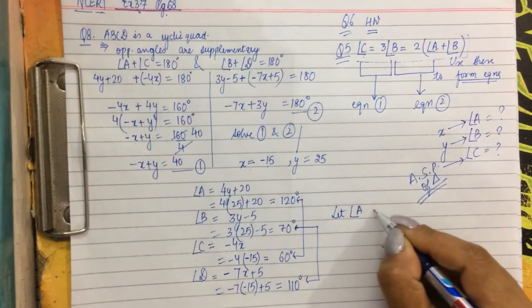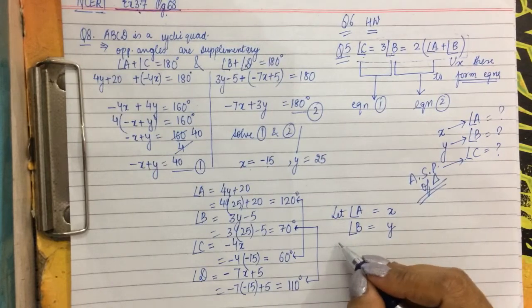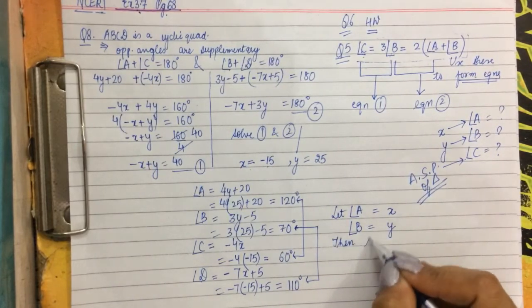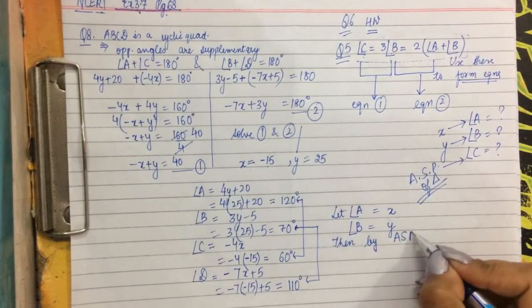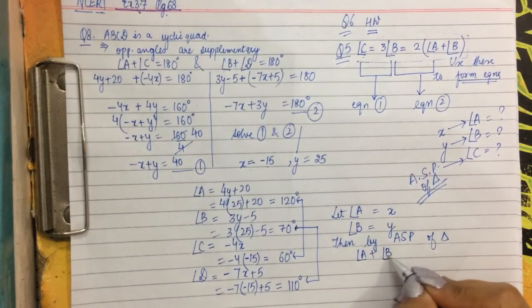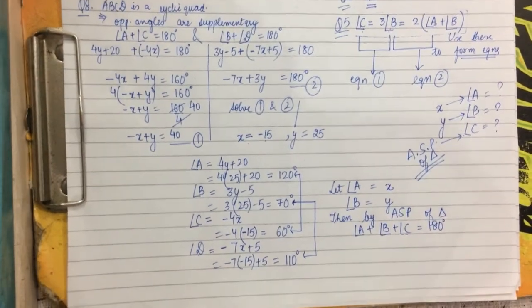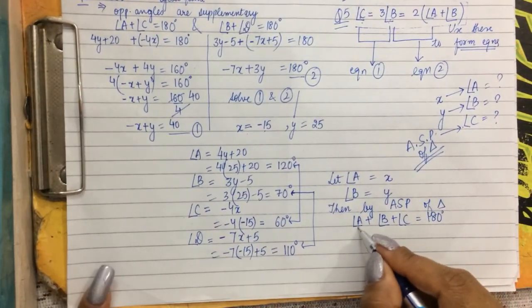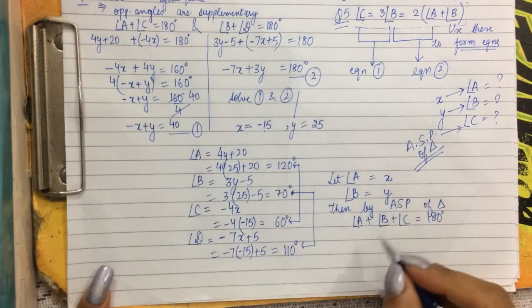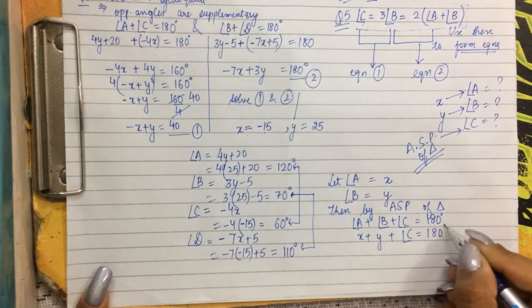Let angle A equal X, angle B equal Y, then by angle sum property of triangle, angle A plus angle B plus angle C equals 180 degrees. Using the values of A and B as assumed, X plus Y plus angle C equals 180 degrees.